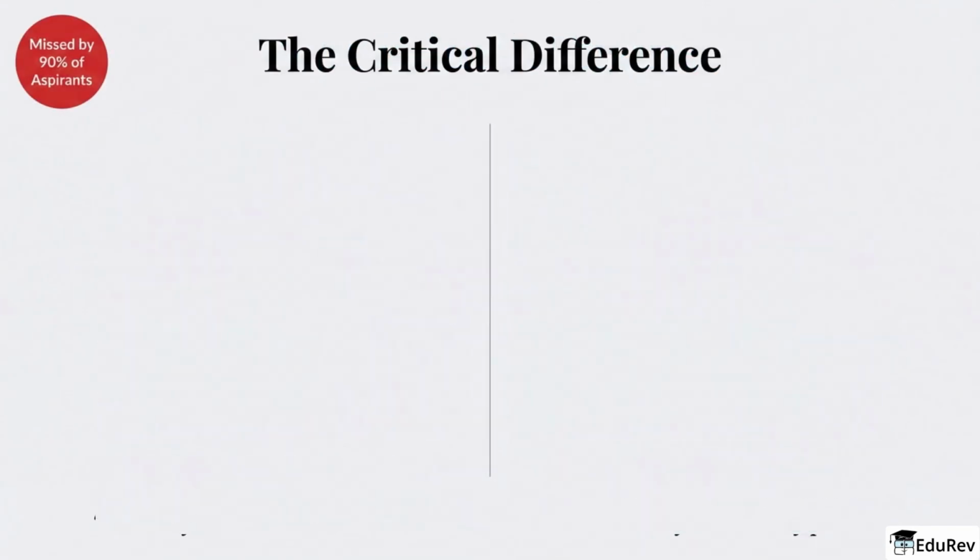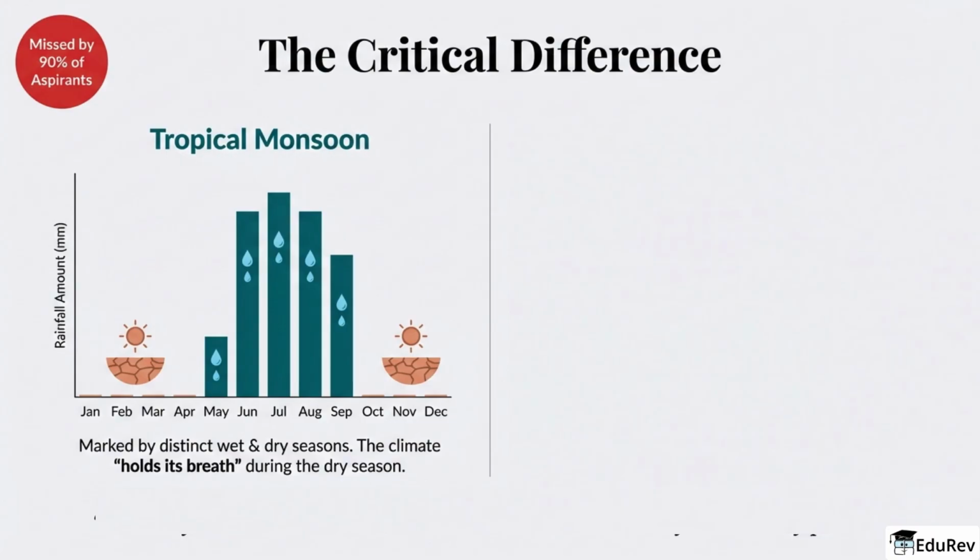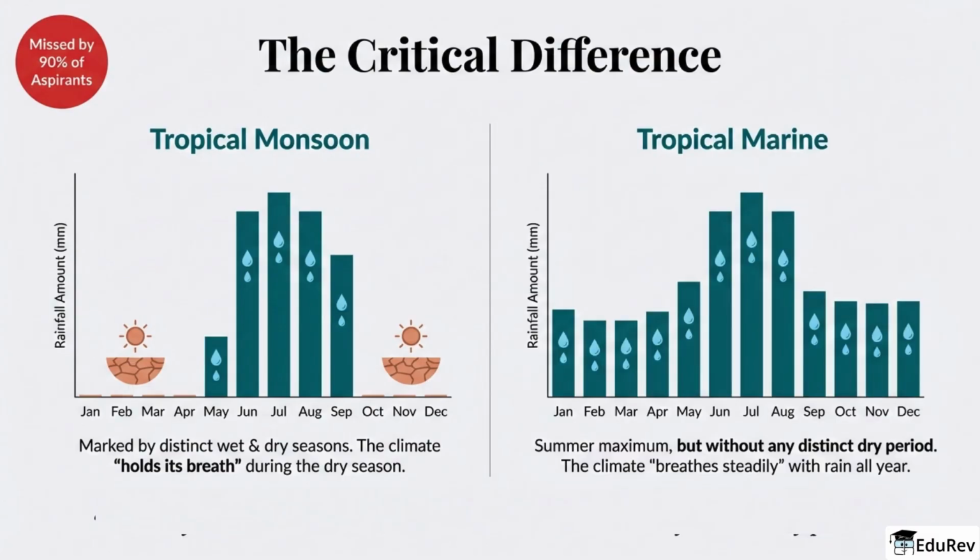Now we come to the critical difference, the one most aspirants miss. Tropical monsoon has a clear wet season and a clear dry season. It practically holds its breath during the dry months. Tropical marine also has a summer maximum in rainfall, but it does not have a distinct dry season. That difference is everything.